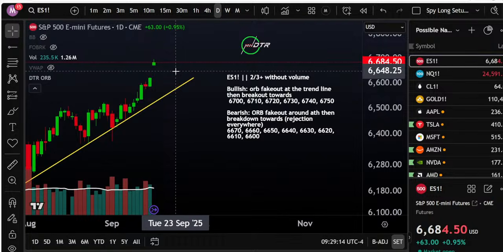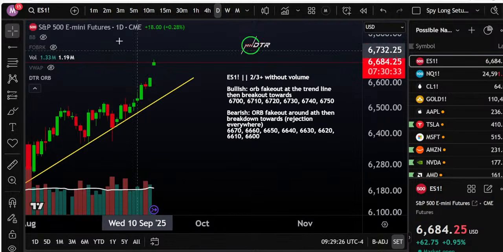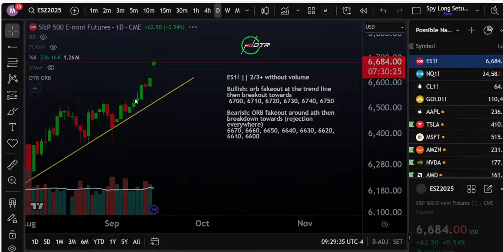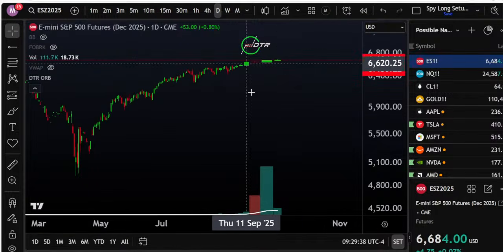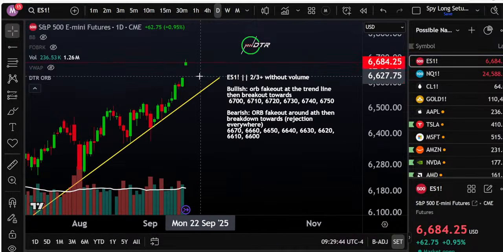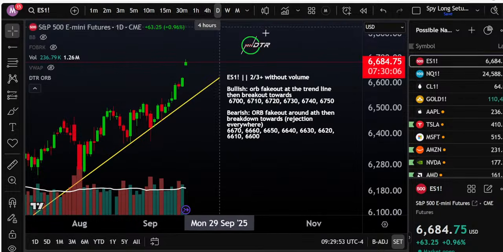So when you roll from one contract to the next, there is a spread between the two, and as you start to go now from trading the September contract to the forward contract of December, ES1 is going to reflect that change. If we were to go into ESZ, for example, so the December contract specifically, you don't see that gap up because it's always been this contract. So this only occurs because ES1 is a continuous contract, but that gap up is chart only. It's not 300 points in reality.